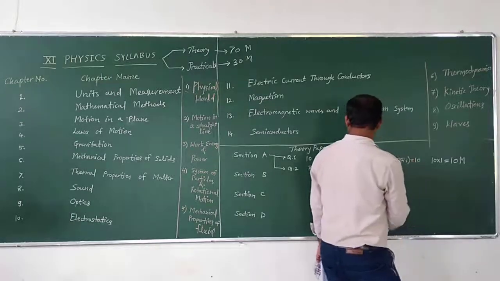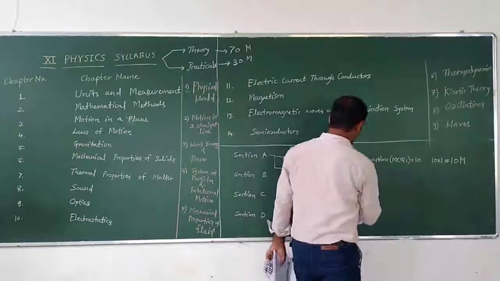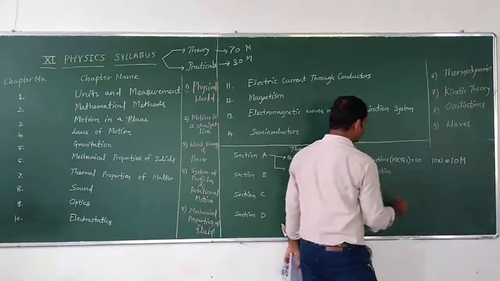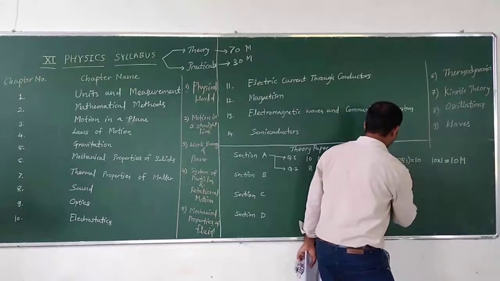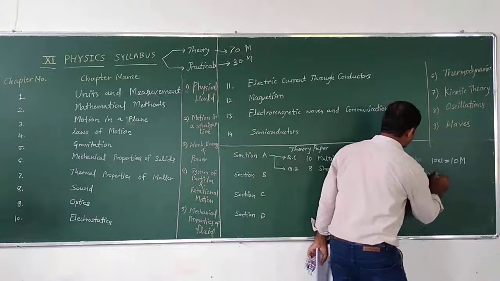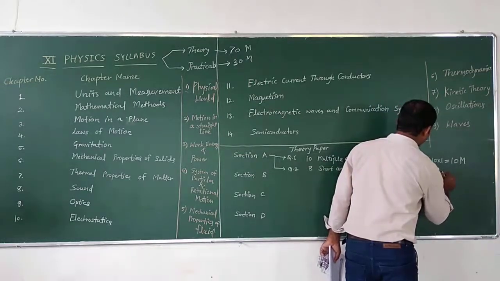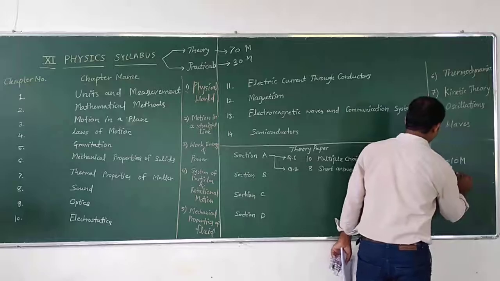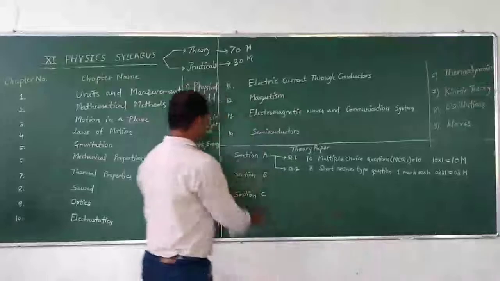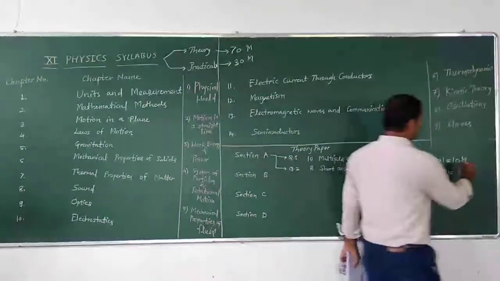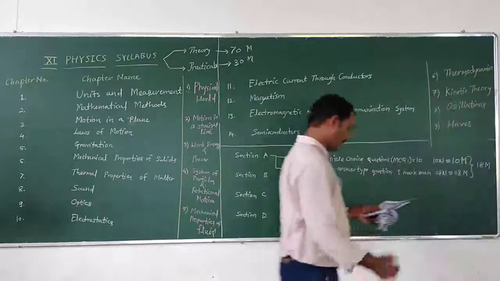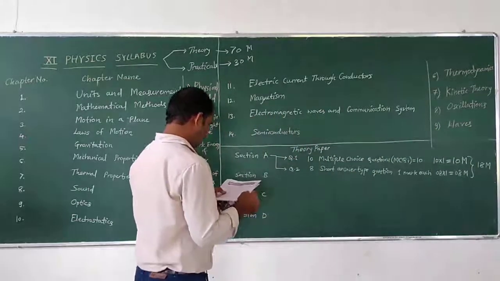So 8 multiplied by 1 is 8, these are 8 marks. So this section A will have 18 marks. Then section B.